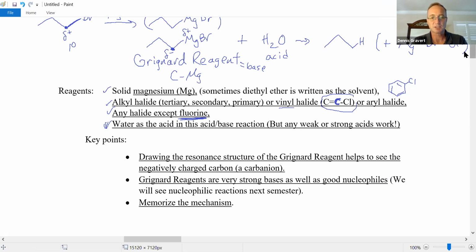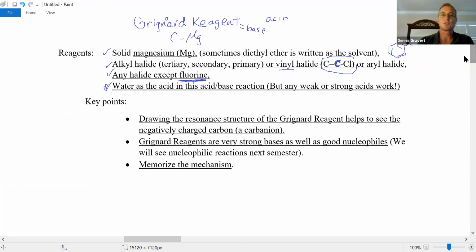Mechanism. Let me show you the resonance structure of the Grignard. So if I said, draw the mechanism, let's draw this molecule plus, I guess I'll keep using water.